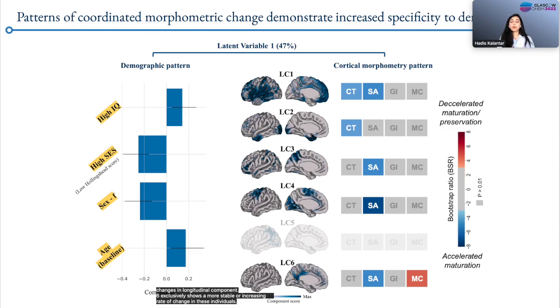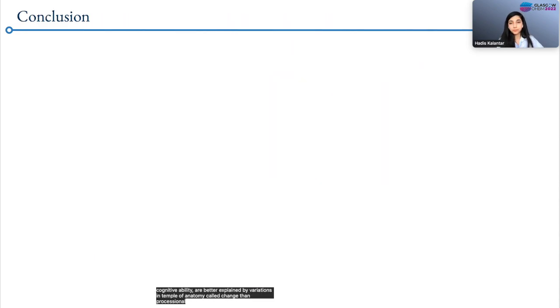And notably, comparing the results from the 2 PLS analyses of cross-sectional and longitudinal NMF weights emphasizes that the inter-individual variability in factors such as age, sex, environment, and cognitive ability are better explained by variations in the tempo of anatomical change than by cross-sectional morphometric covariation.